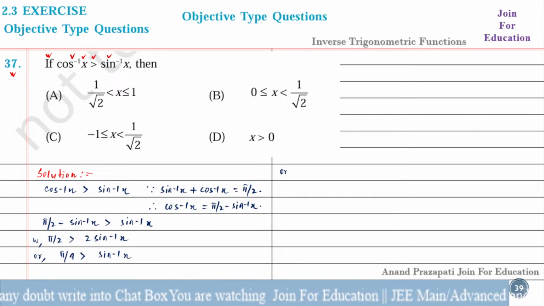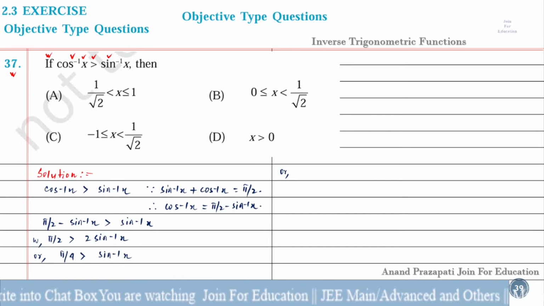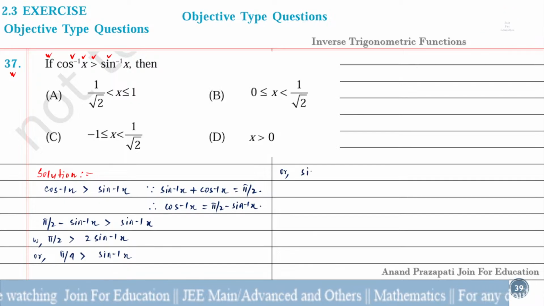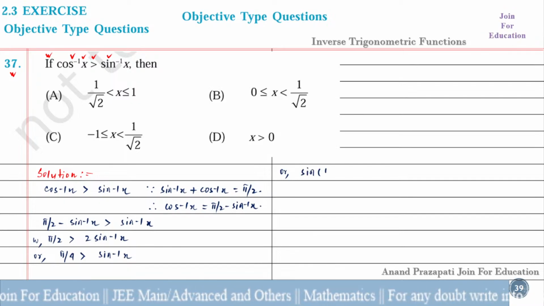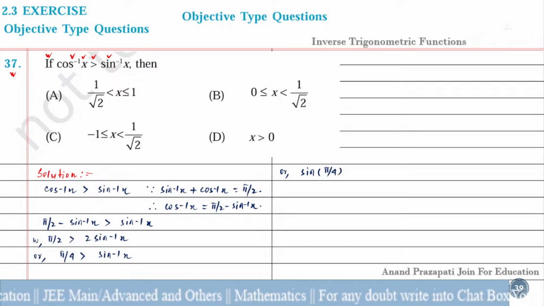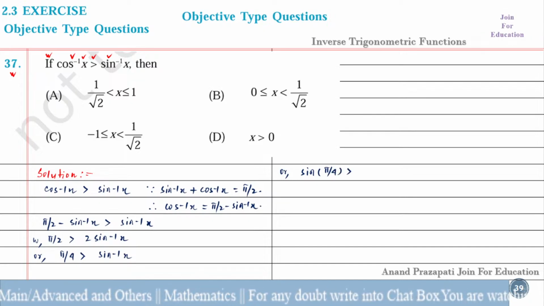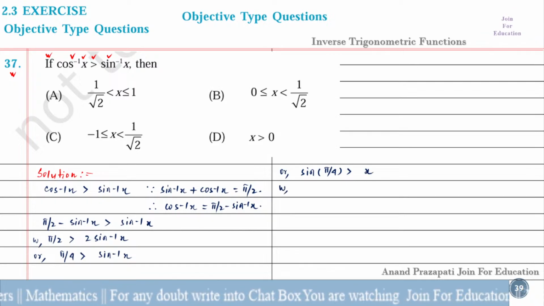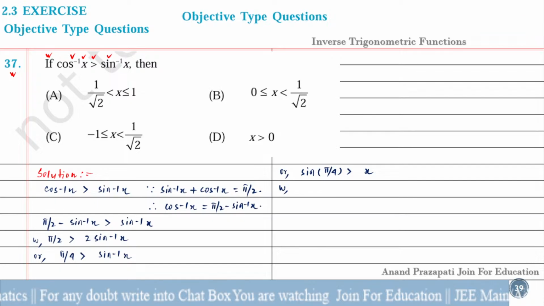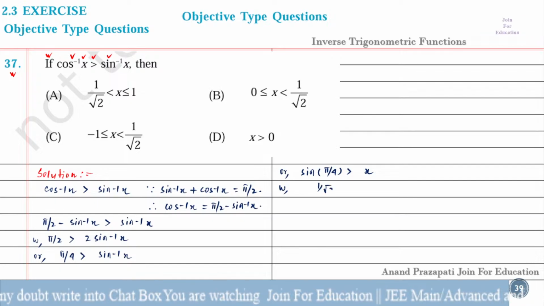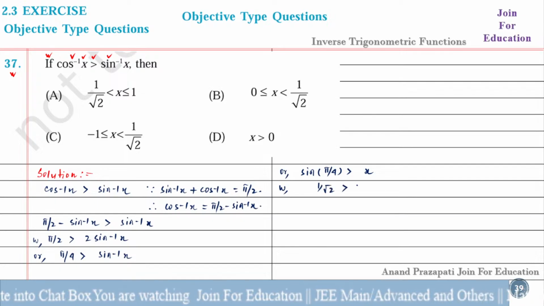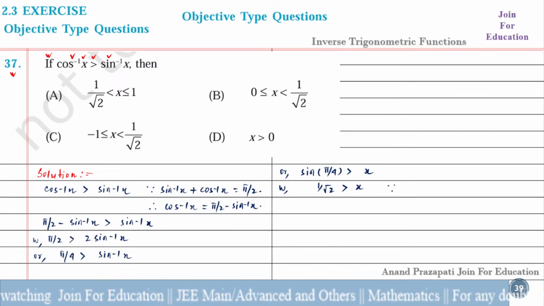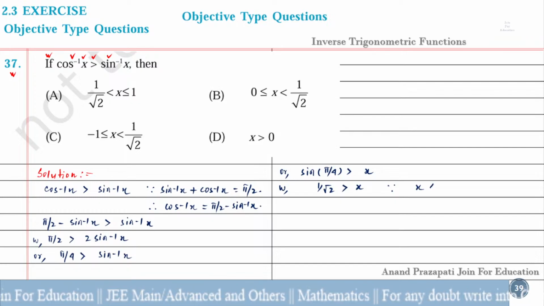Or we write down here sin pi by 4 greater than x, and we know that sin pi by 4 equal to 1 by root 2 greater than x, or in other words we can say that x is less than 1 by root 2.